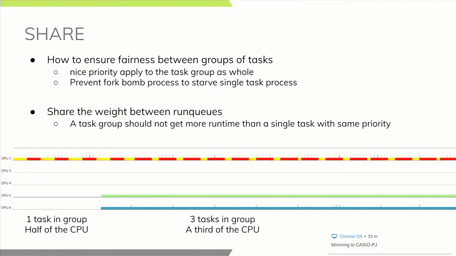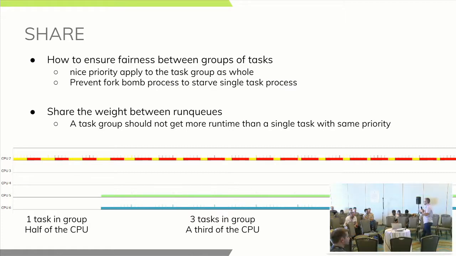And that's why you have 2 running ticks for the C group with the 3 tasks, and 5 or 6 ticks for the group with only 1 task, which means that we are ensuring that only 1/3 will be used by the group.